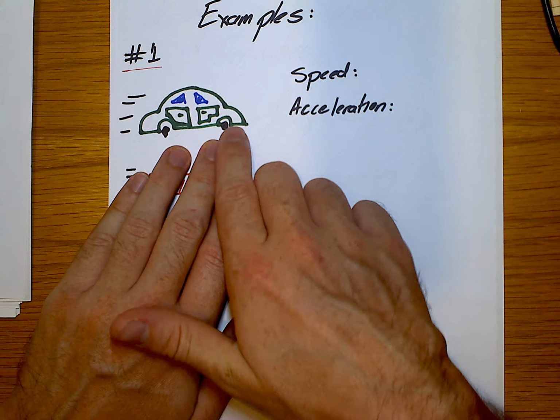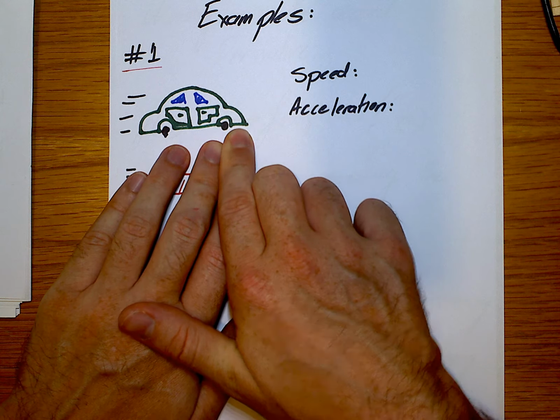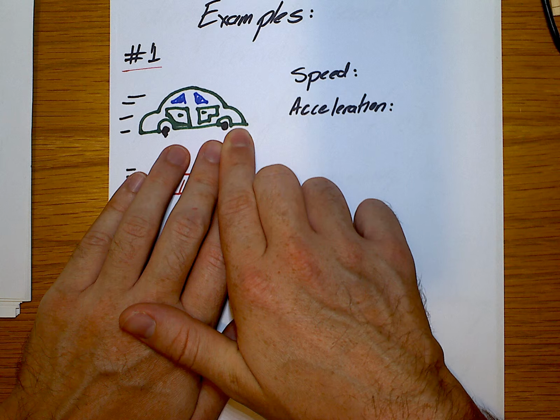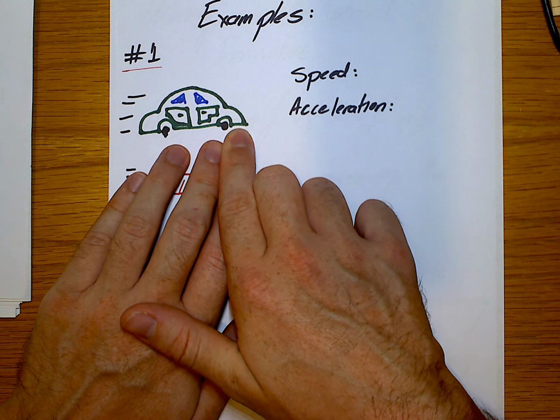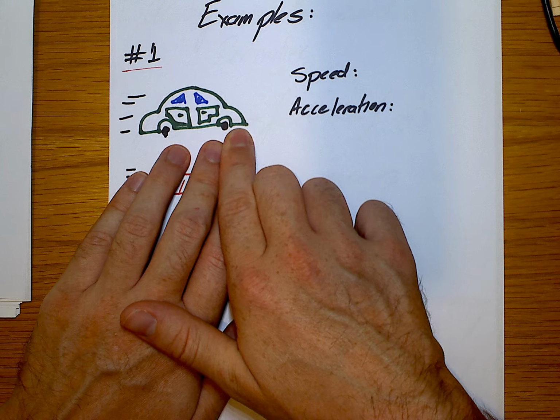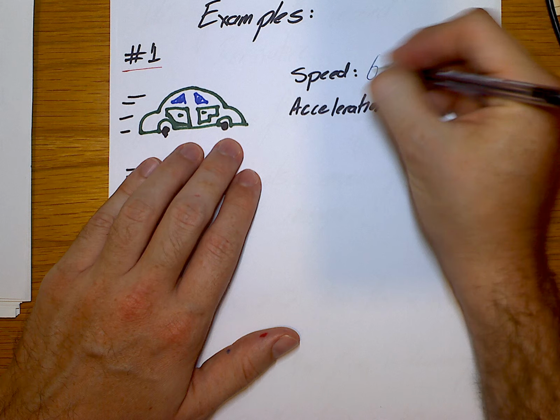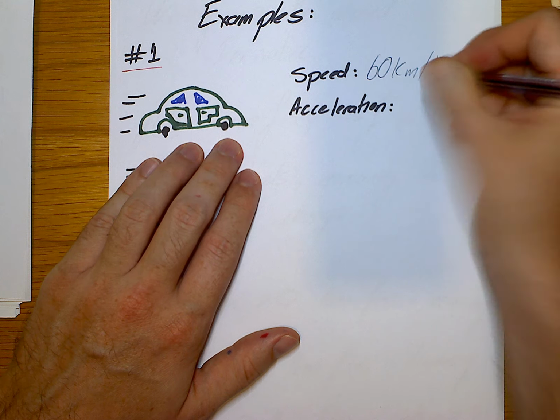If we have a car traveling at 60 kilometers an hour, and it is just on 60, not speeding up from 60 and not slowing down from 60, its speed would be 60 kilometers per hour.